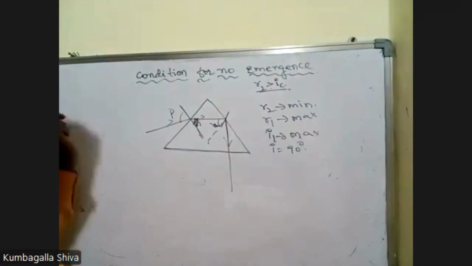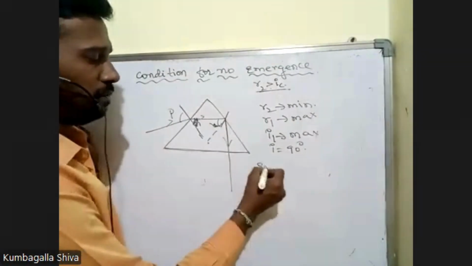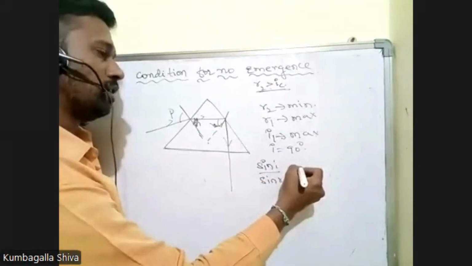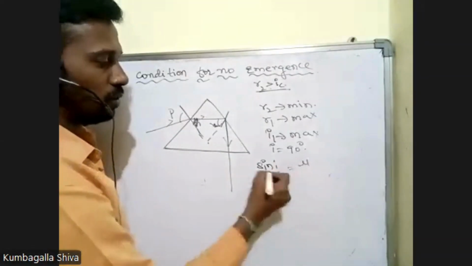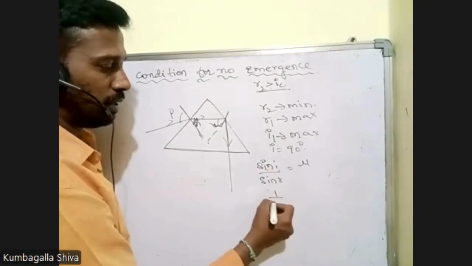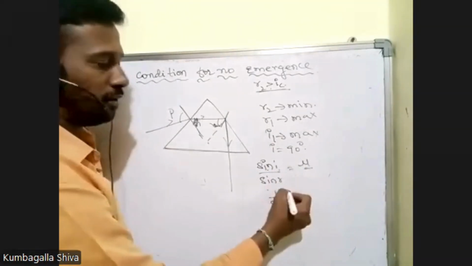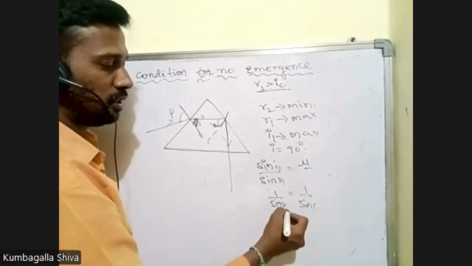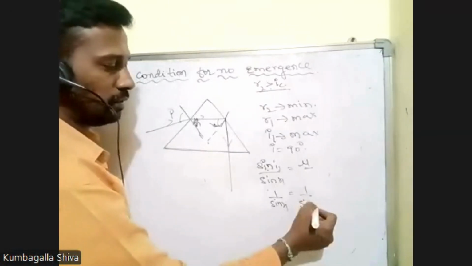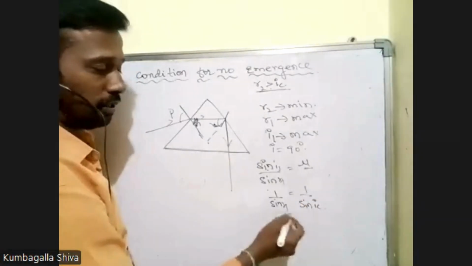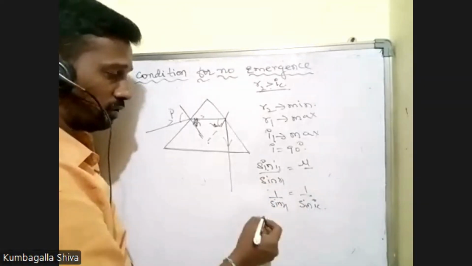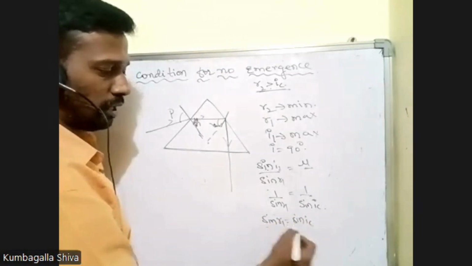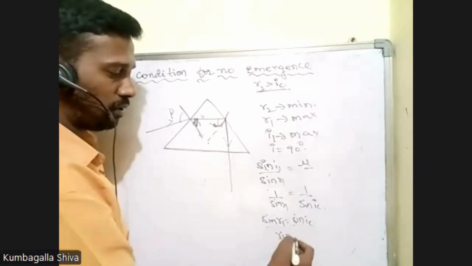Then we can write the formula sine I by sine R is equal to the refractive index, mu. Now sine I is sine 90, which is 1, by sine R. We can also write the refractive index according to the critical angle as 1 by sine C. So sine R1 is equal to sine IC when the numerators and denominators are equal. Neglecting the trigonometry terms, you get R1 is equal to IC.